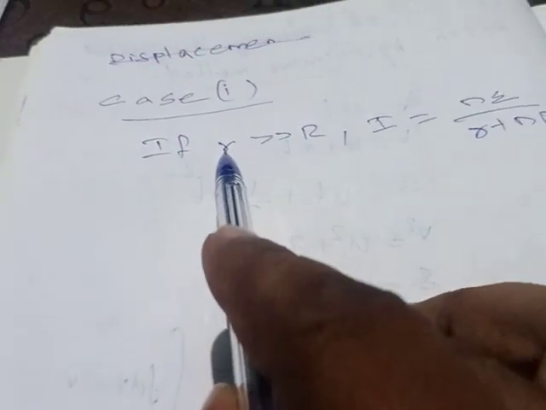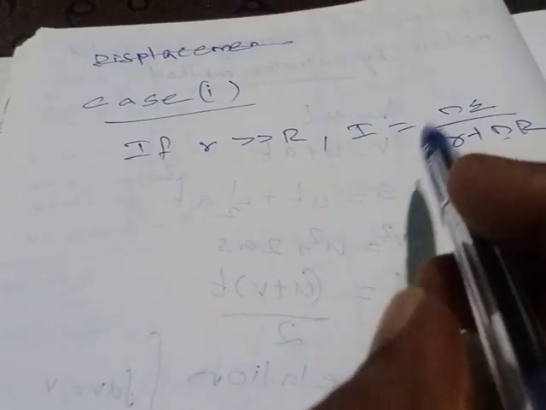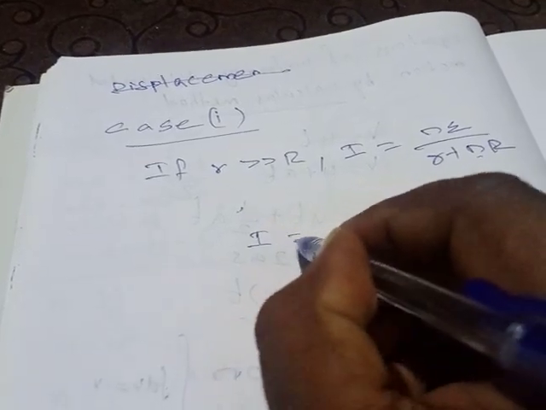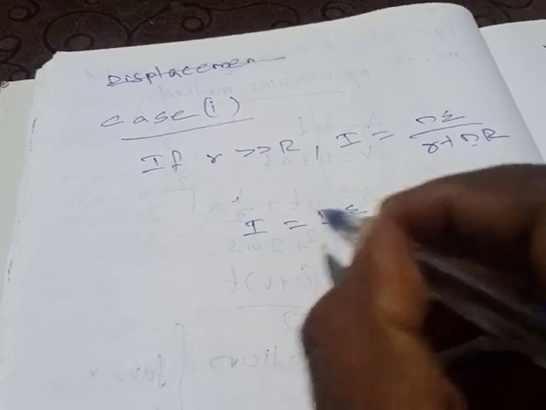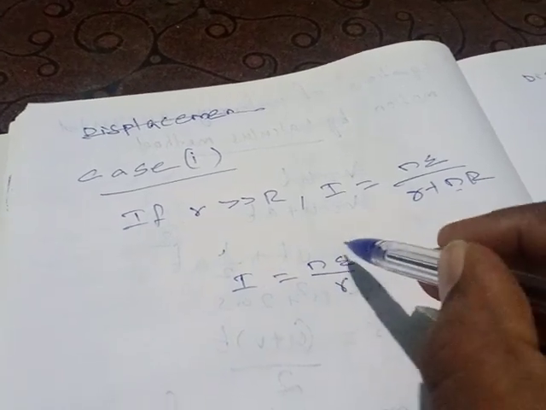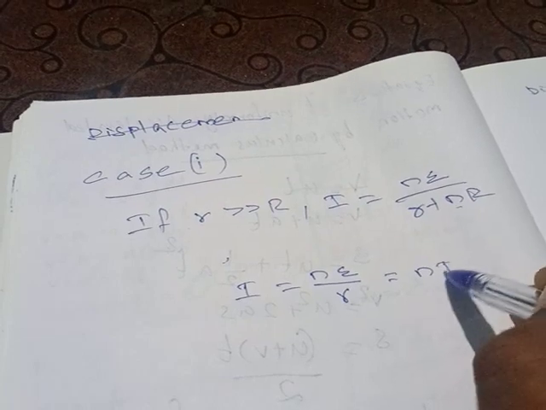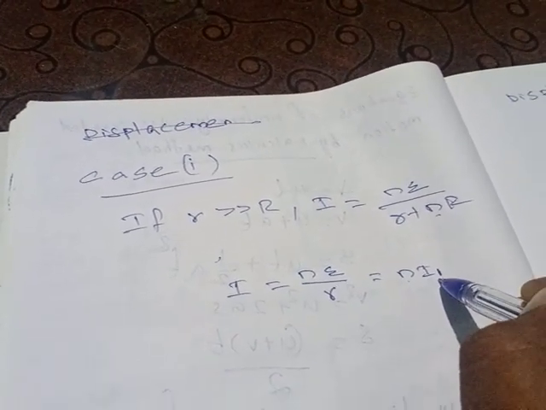Since R is very much greater than r, this nr will be neglected. So I is equal to n epsilon by R. What is this epsilon by R? This epsilon by R is the current in a single cell, so you can write n times I.